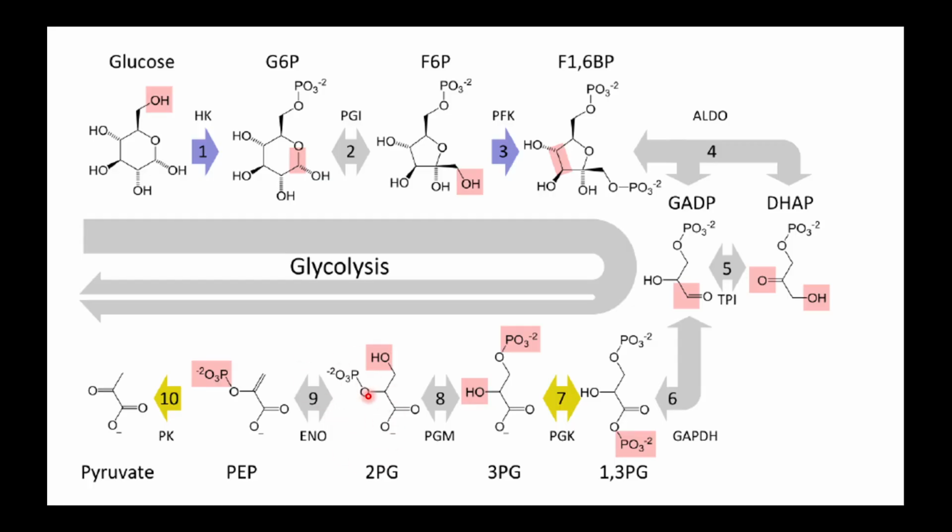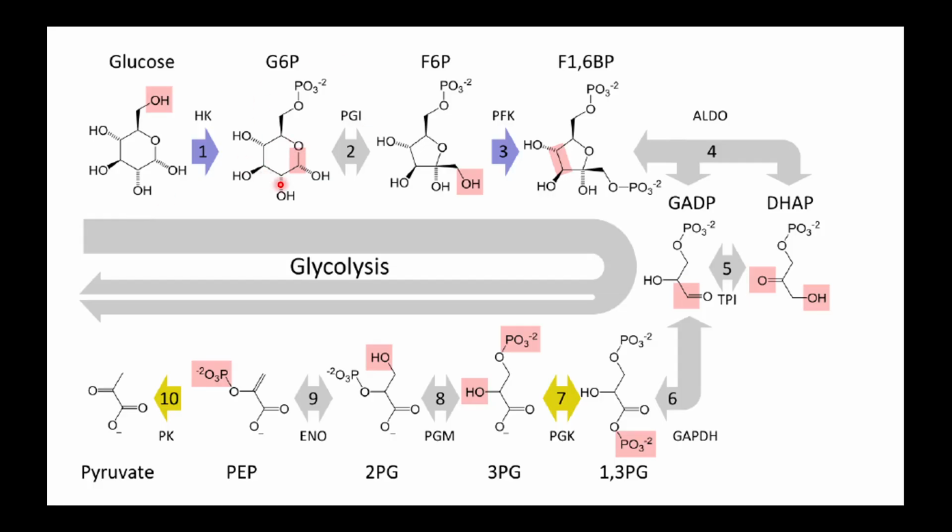Then 2 phosphoglycerate gets converted into phosphoenol pyruvate by the enzyme enolase, and then there is a dephosphorylation reaction. From phosphoenol pyruvate we get pyruvate by an enzyme called pyruvate kinase. Okay.